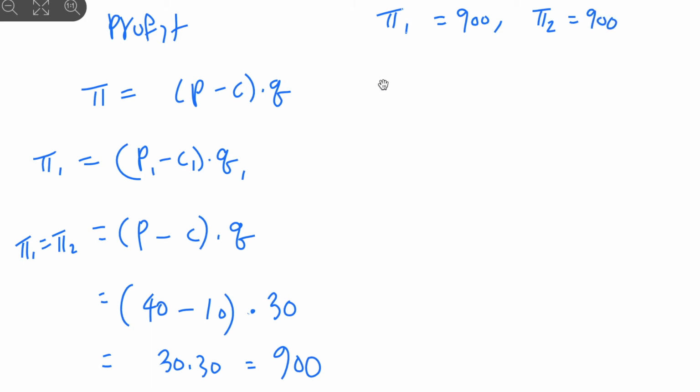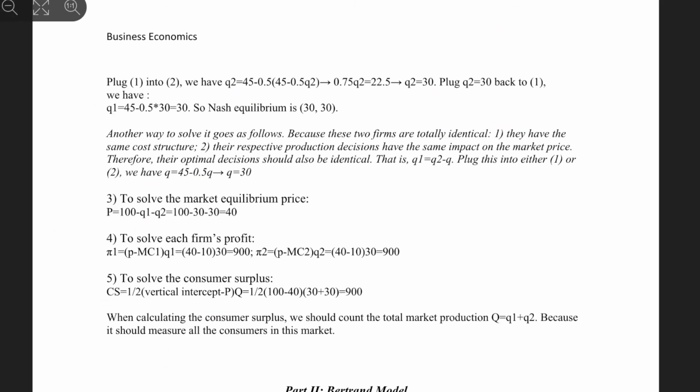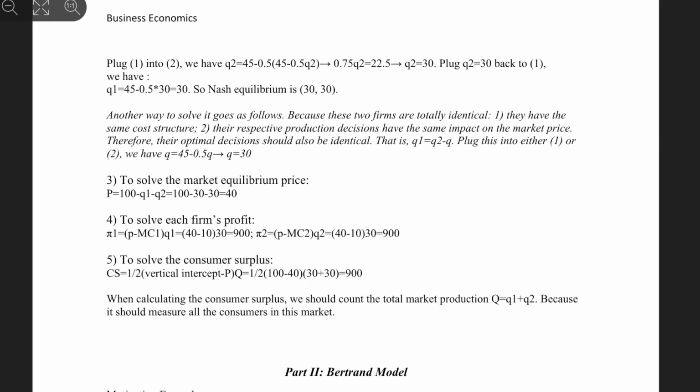When we look at the combined total, pi 1 plus pi 2 is what? 1800 if we look at the total society. And let's get the last one. We want to solve the consumer surplus, and we can sum up the consumer surplus and the firms' profits into social welfare, right?